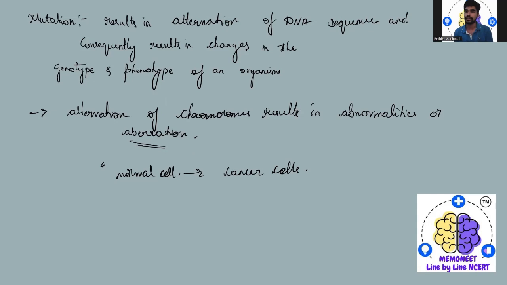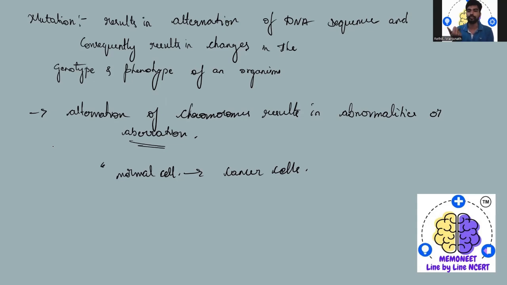A cancerous cell is formed because of a mutation that has happened in its chromosome, or it could be at any level. So if there is any alteration in the chromosome, it results in abnormalities or aberrations.